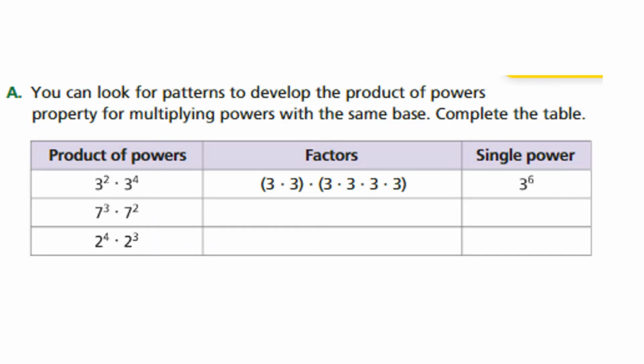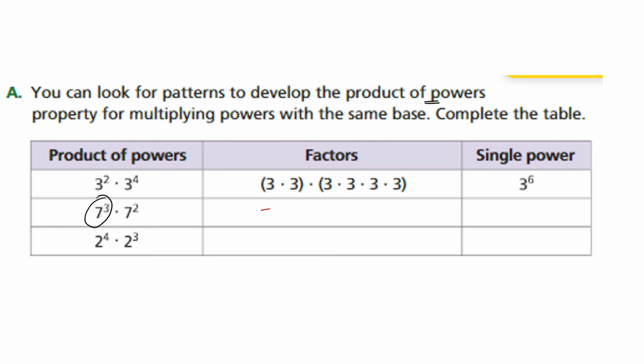Now let's try to solve the questions given in the textbook. You can look for patterns to develop the product of powers property for multiplying powers with the same base. So look at this: 7 to the power of 3. How can we write it?